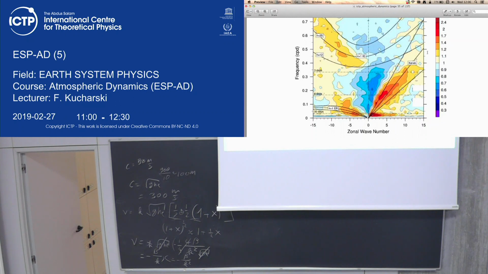Another possibility that people discuss in the literature is the convectively coupled Kelvin wave. Of course, from this picture we know they have to be convectively coupled, otherwise we cannot measure them in OLR. That means that these waves have convection going with them.